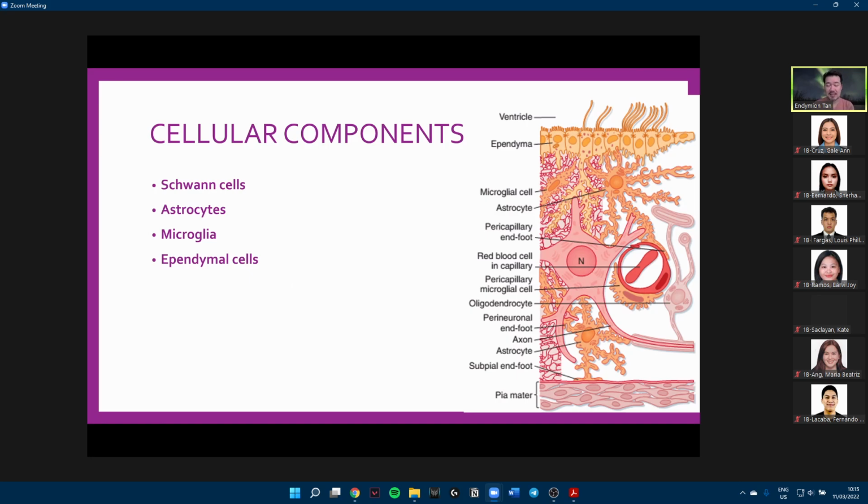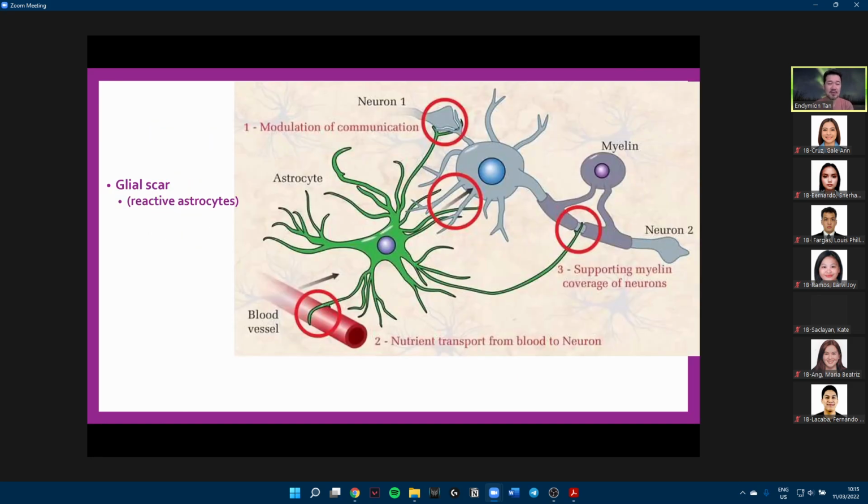Astrocytes, makikita natin in the next slides as protection, fundamental framework, communication, nutrition. Microglia, para siyang macrophages. Ependymal cells, and in the production of the CSF is very important. Let's discuss them one by one.